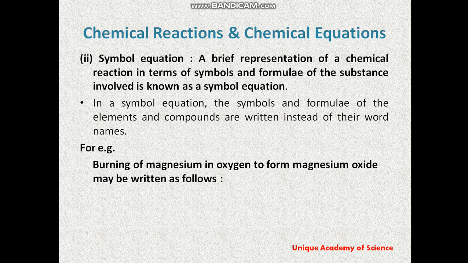Magnesium's symbol is Mg, plus O2. Mg and oxygen are the two reactants and they give the product. So arrow, then magnesium oxide. The magnesium oxide formula is MgO. It is written on the right side as the product. Okay, so Mg plus O2 gives MgO.